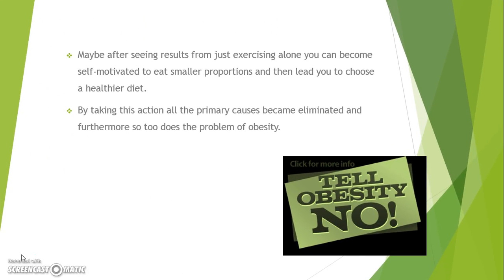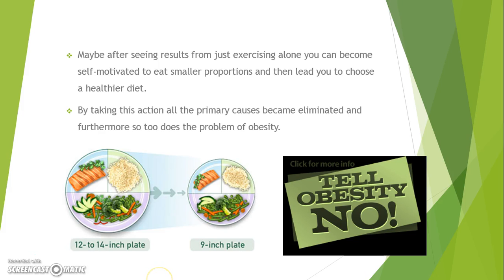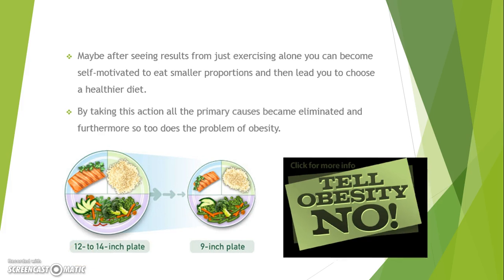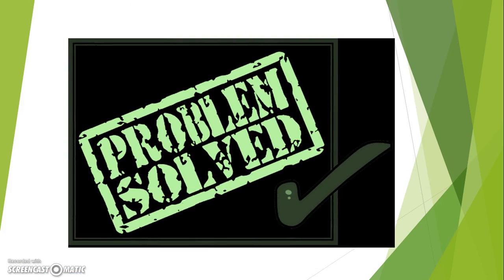Also, after seeing results from the exercise, you may become self-motivated and decide to eat smaller portions of food, which may cause you to eventually choose a healthier diet. By taking action, all the primary causes became eliminated, and furthermore, so too does the problem of obesity. Now this is the end of our example. The problem has been solved using the basic cause and effect diagram.